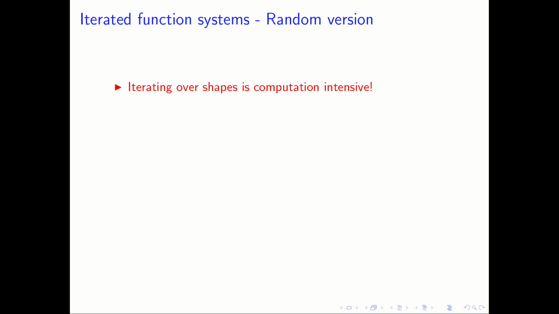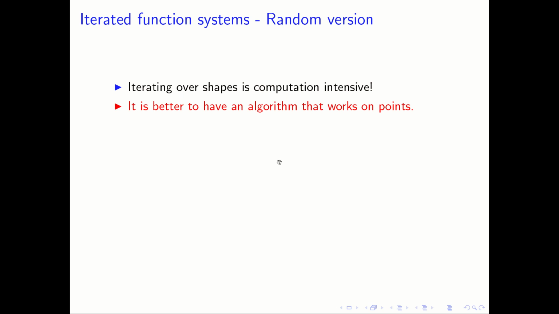But of course you don't really apply it to every point. On a computer you would apply it to a large enough number of points to make this look like you're doing it to every point. But even that would be way too much work. Instead of doing that, Barnsley came up with another scheme, a randomized version of this iterated function system, which gives you the same result.